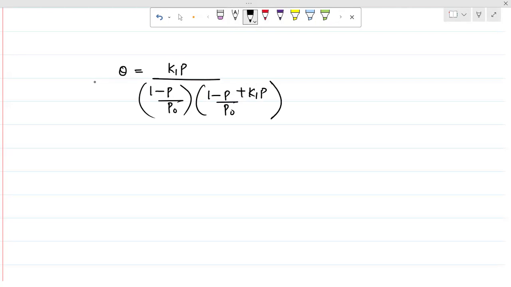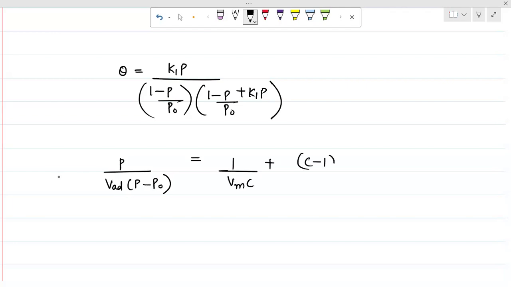Right. Now, the next thing that we learned is the modified BET in terms of P, V absorbed, P naught, etc. So, according to that, P by V absorbed (P minus P naught) is equal to 1 by VmC plus (C minus 1) by VmC times P by P naught.